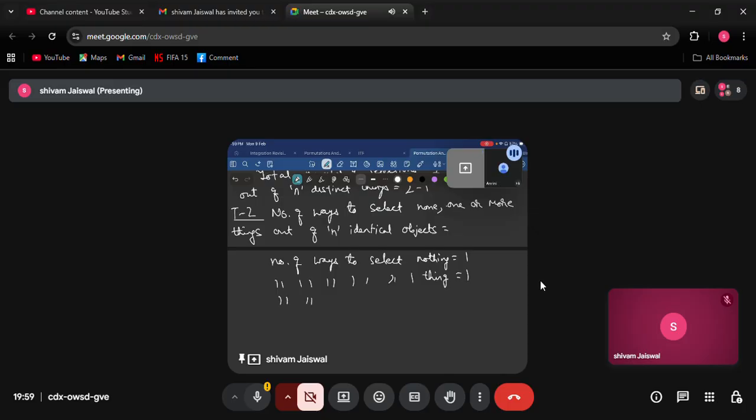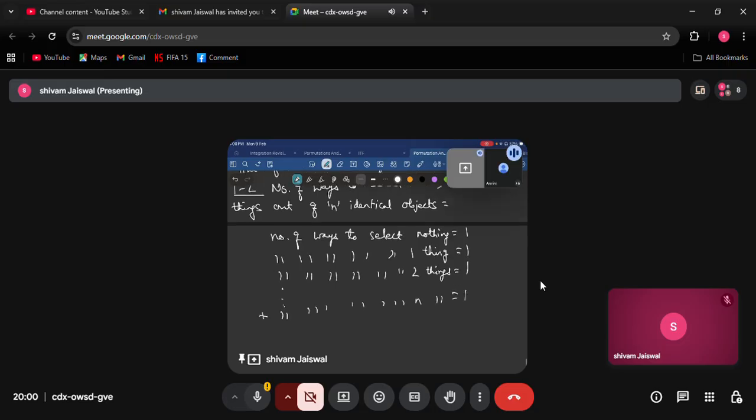In how many ways can you select two things? 1. Dot, dot, dot, dot. In how many ways can you select n things? 1. So what is the total?